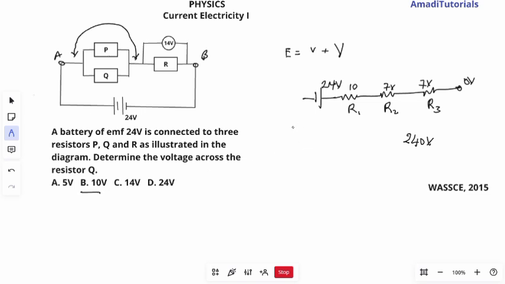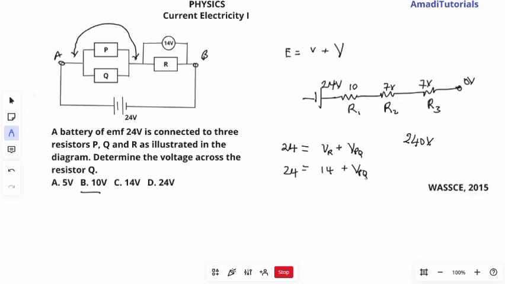If I wanted to write it mathematically, I would say 24 equals V of R plus V of PQ, because P and Q are in parallel, so they share the same voltage. So now you have 24 equals 14 plus the voltage across PQ.